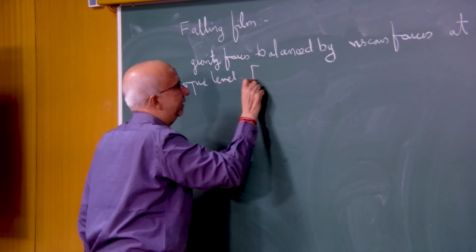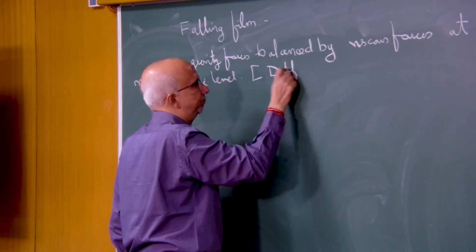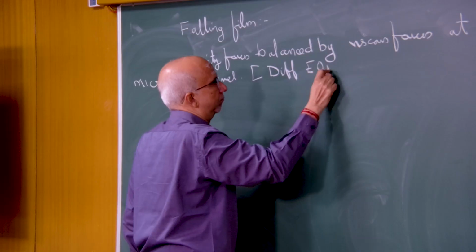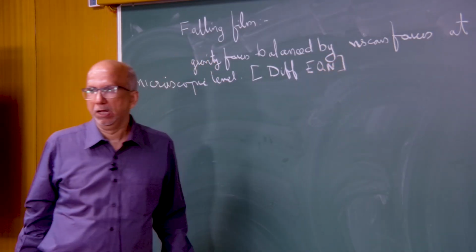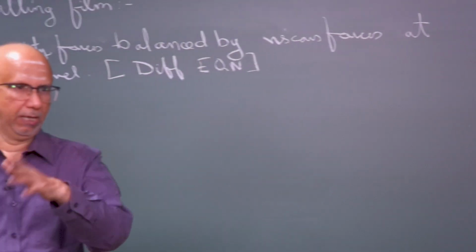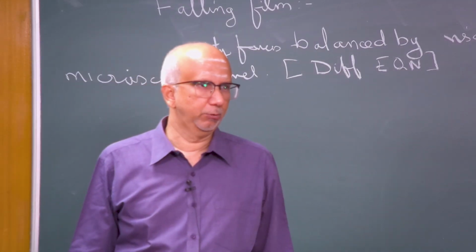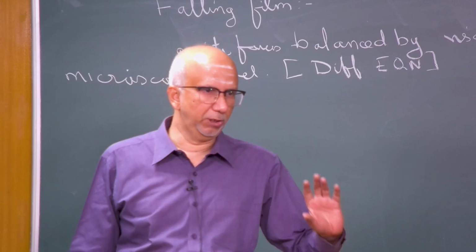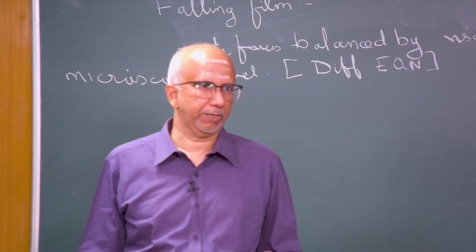What I mean by that is the differential equation. When you look at the differential equation, you had rho g and you had the viscous forces. Those are the only two terms remaining.